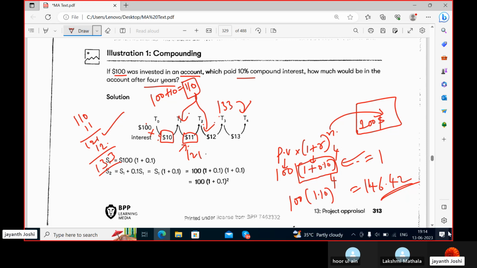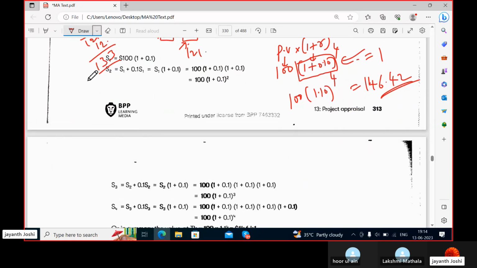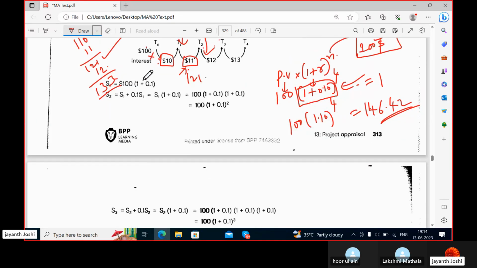Are you understanding, Hamsika? Yes, sir. Are you sure? Yes, sir. So they have done this here also. First year is this, second year is whatever you have in the first year. First year's amount plus that much you have to take as interest.